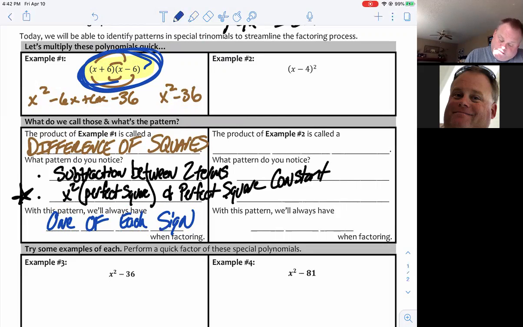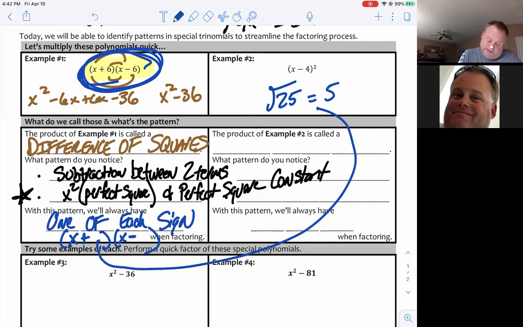What that really means is that I'm going to have an x plus and an x minus, whatever the square root of my constant is. So if I took the square root of 25 and I get 5, well, I know that's the number going in here and in here, okay? All right, so that is your difference of squares.